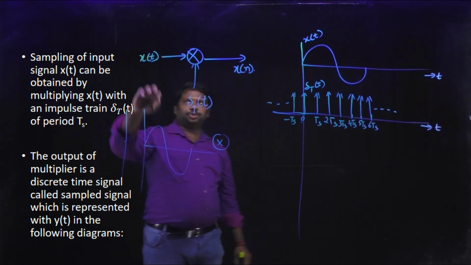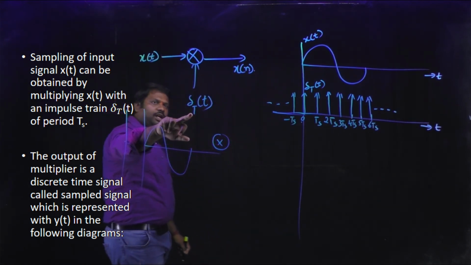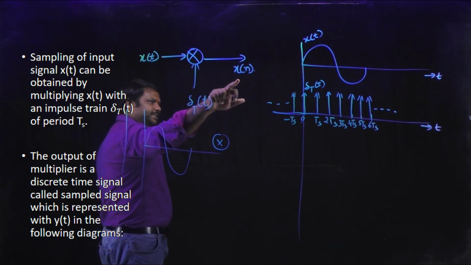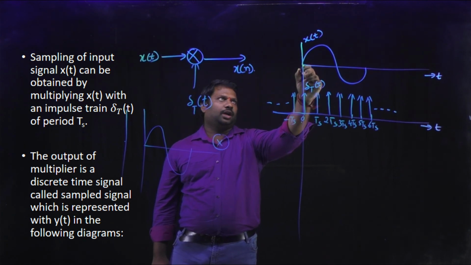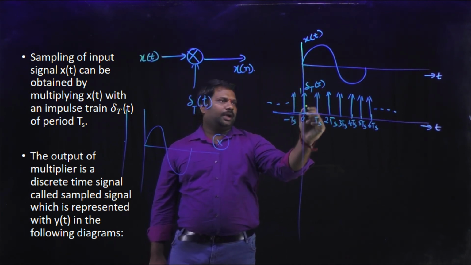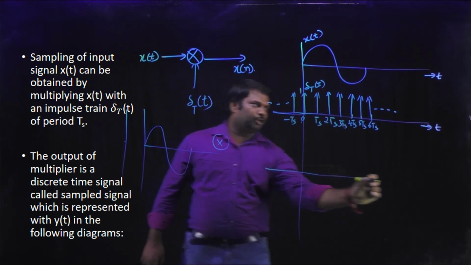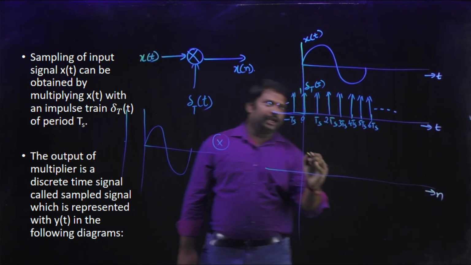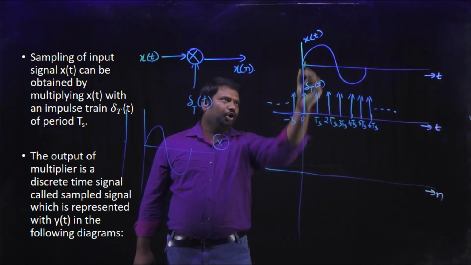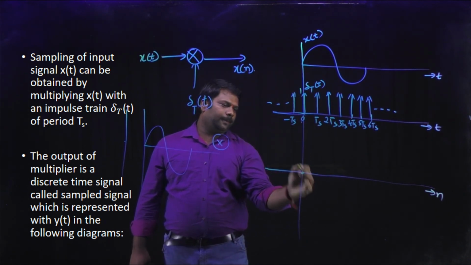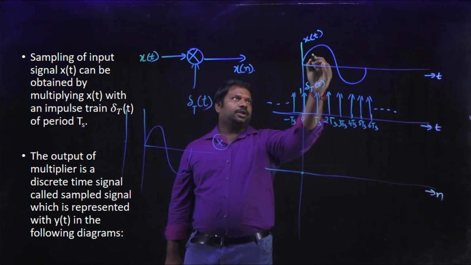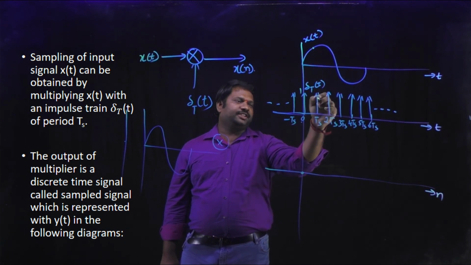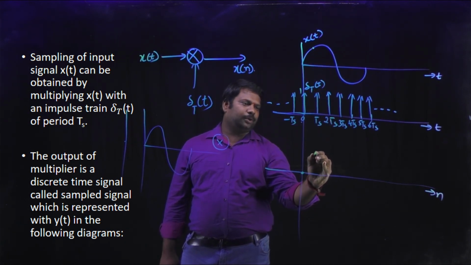Simply multiply these two, x of t multiplied with the train of impulses function, and we get the discrete version. The initial value of the continuous signal at 0 is multiplied with this impulse, so 0 into 1 gives 0, the sample is 0. Next, at ts, whatever the sample is here is multiplied with 1, so we get a sample.